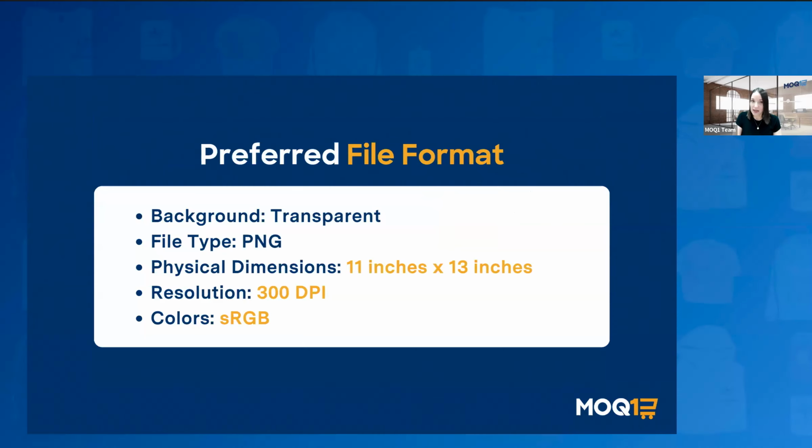So our technical guidelines are to submit transparent PNG files that are 11 inches wide by 13 inches tall, 300 DPI resolution, and use sRGB color profiles with in-gamut colors. If your files are prepared in alignment with those recommendations, you're going to have a pretty stellar print result.